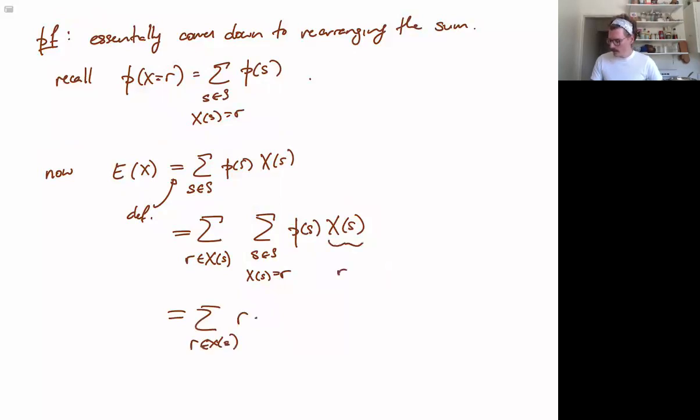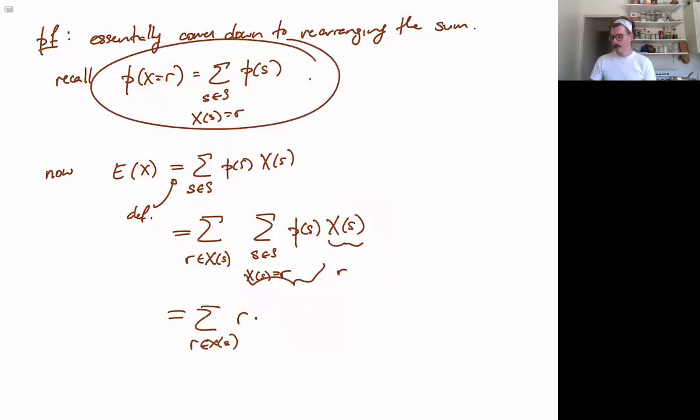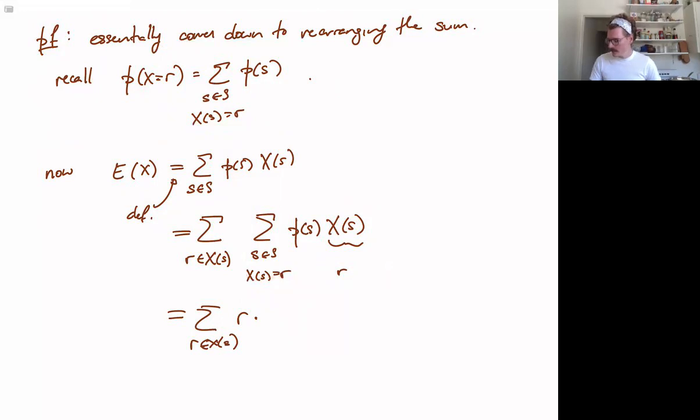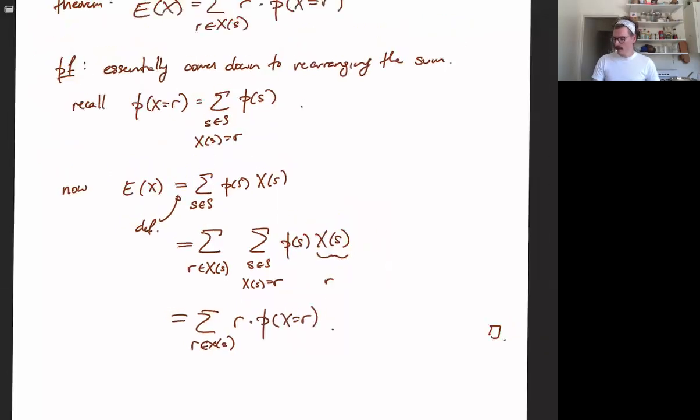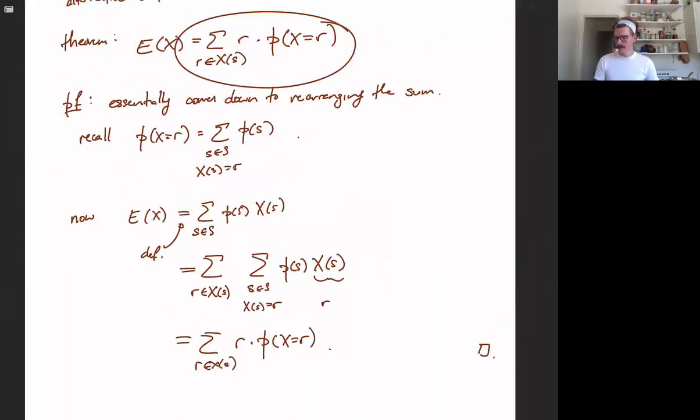So we can factor this out in front of the sum, since it's a constant. And then what's left in the sum, this part, is simply the probability that X equals r, as we see from our definition up here. So this simplifies to r times the probability of X equals r, and that is exactly the formula that we wanted to arrive at. So that completes the proof.